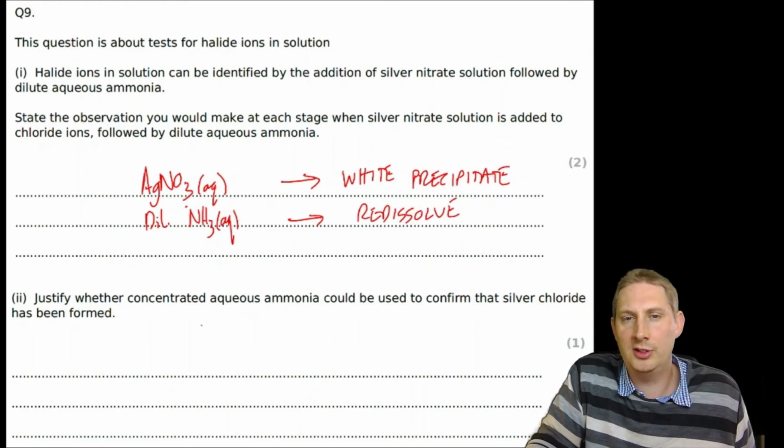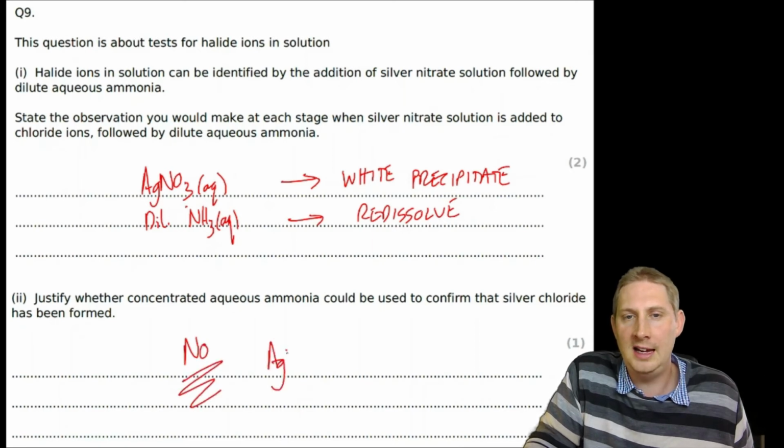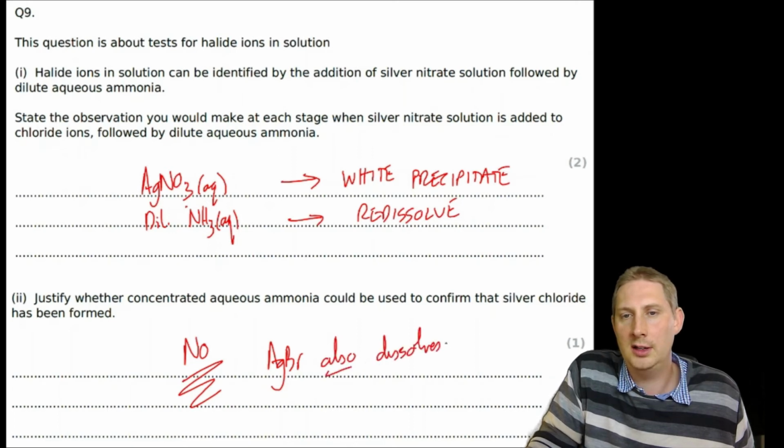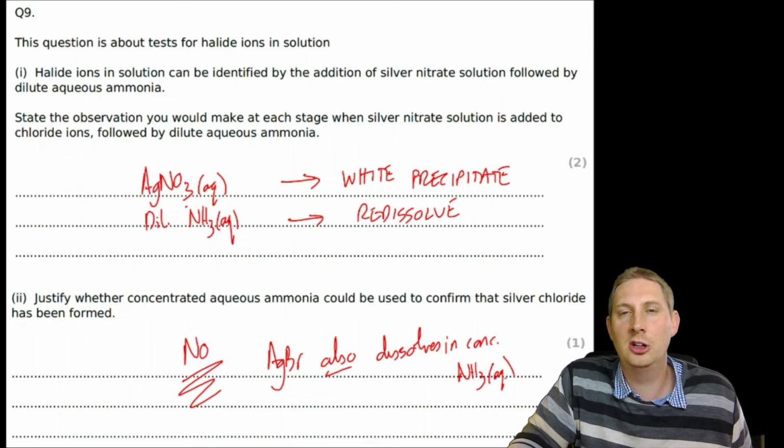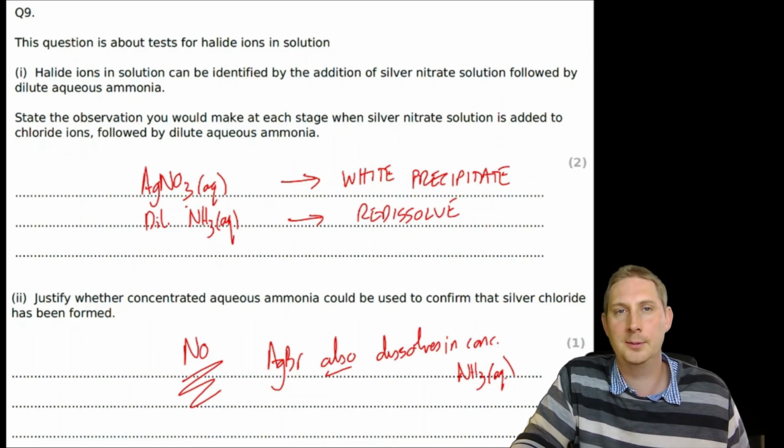Justify whether concentrated aqueous ammonia could be used to confirm that silver chloride has been formed. No. Why not? Because AgBr also dissolves in concentrated ammonia solution. So that wouldn't distinguish, that wouldn't conclusively prove it was silver chloride.